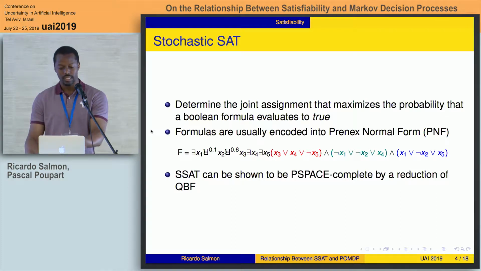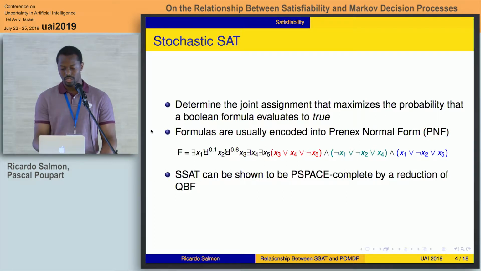For existential variables, you get to choose what values they take, and randomized variables are sampled from a distribution given by the problem. These are usually encoded in prenex normal form, which means the quantifiers are pulled out to the outer block, and inside, the Boolean formula is in conjunctive normal form.